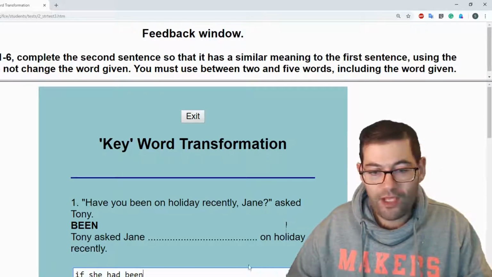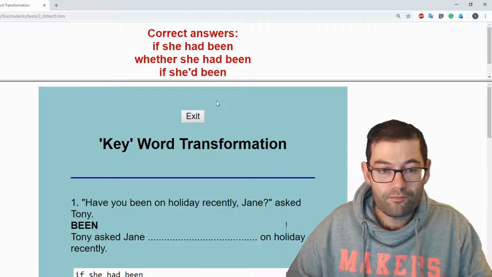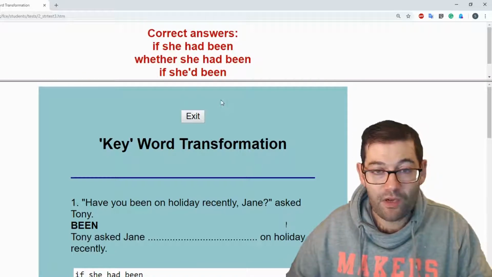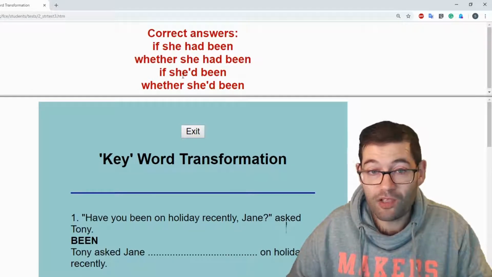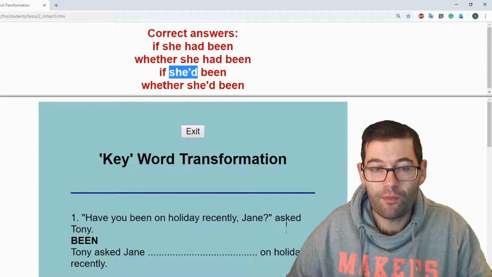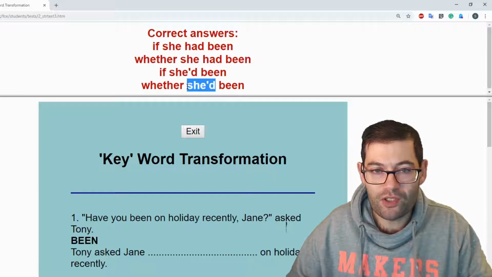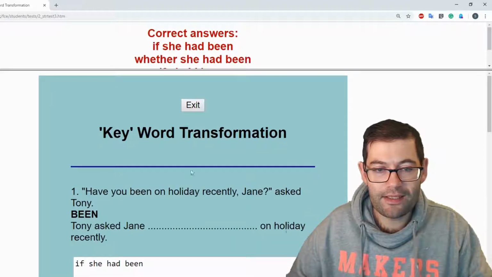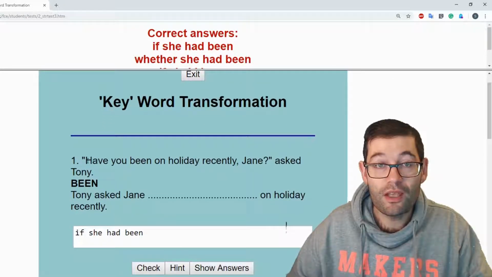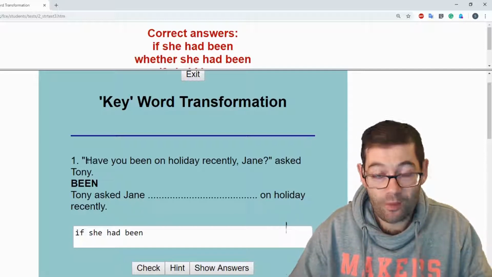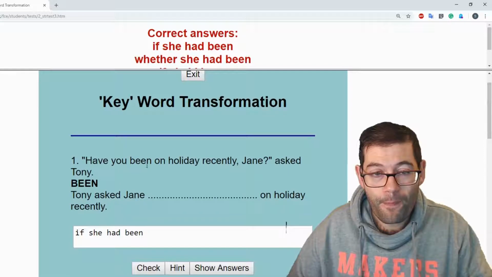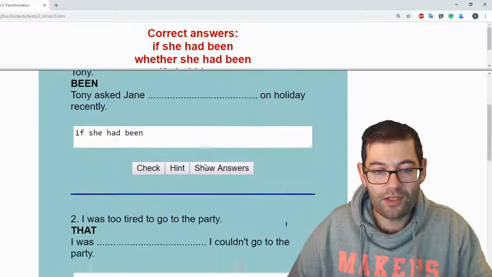So, and if we check our answers, we can see that we've got a number of options all along the idea of conditional formats, whether it's if she had been, whether she had been, if she'd been, which is a contracted form, or whether she'd been, which is a contracted form using whether. So you can see here, by analysing our first question, it gives us lots of clues as to how we should answer the question.